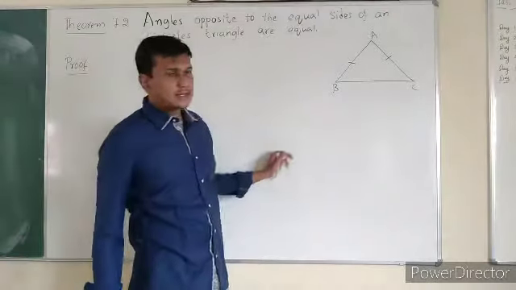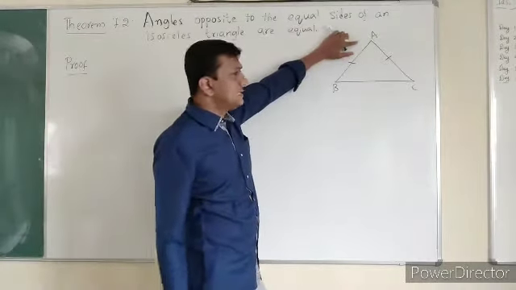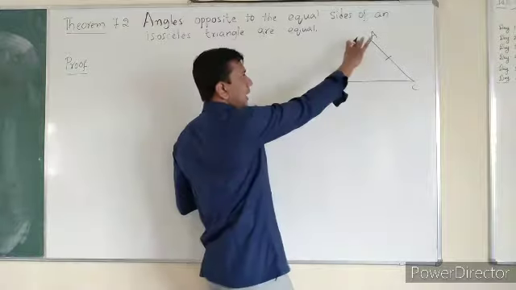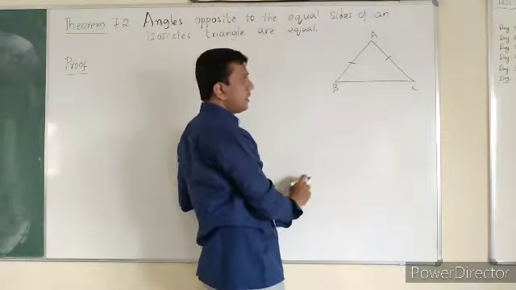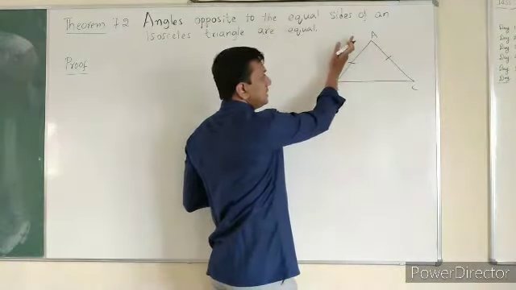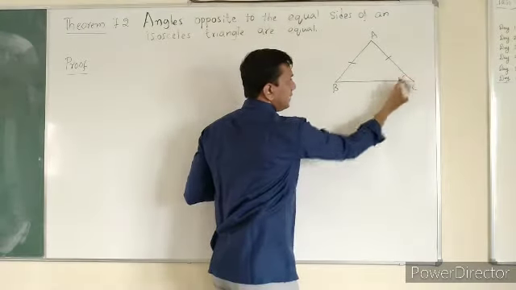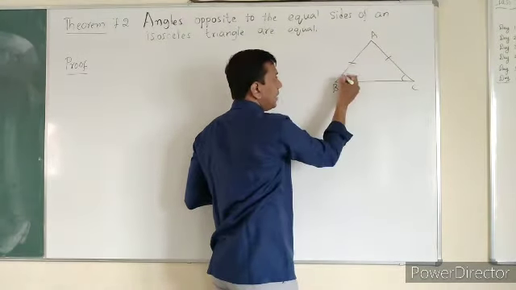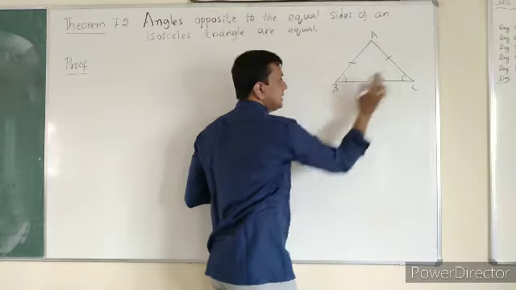This statement says that angles opposite to the equal sides, AB and AC, are equal here. The angles which are opposite to these sides are angle C, and to this side angle B. It says that these angles are also equal.